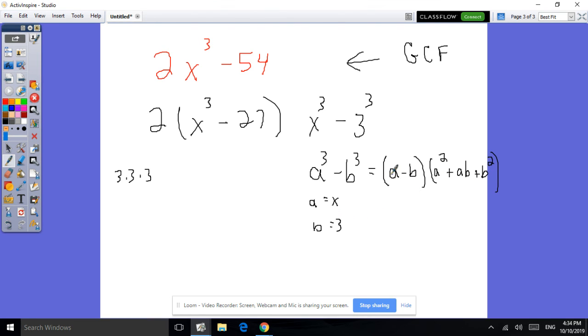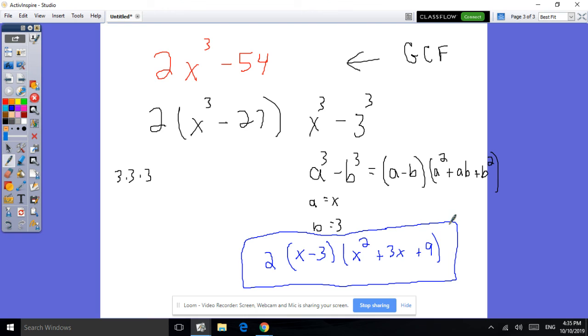So my factor would be X minus 3, parentheses, X squared plus 3X plus 9, which is 3 squared. Set. I want to bring down this 2 because it was left on the outside, and this would be your final answer.